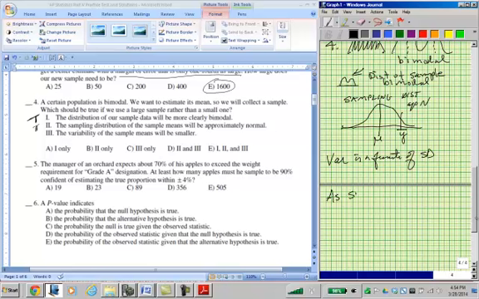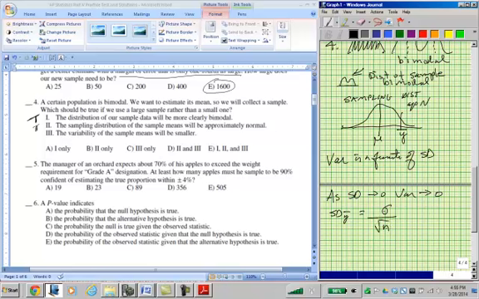As the standard deviation approaches 0, variability approaches 0. So as standard deviation decreases, variation decreases. Well, the standard deviation for a sampling distribution of means, the standard deviation for y bar, equals sigma divided by the square root of n.